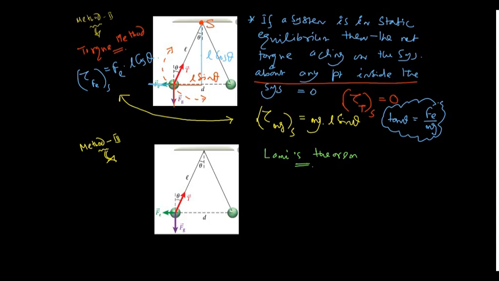Fine. So Lami's theorem means what? If two or more forces are passing through the same point, they will establish equilibrium. So if I redraw the diagram, this is the charge. You are getting this as Fe, this is mg, and this is the force, tension.